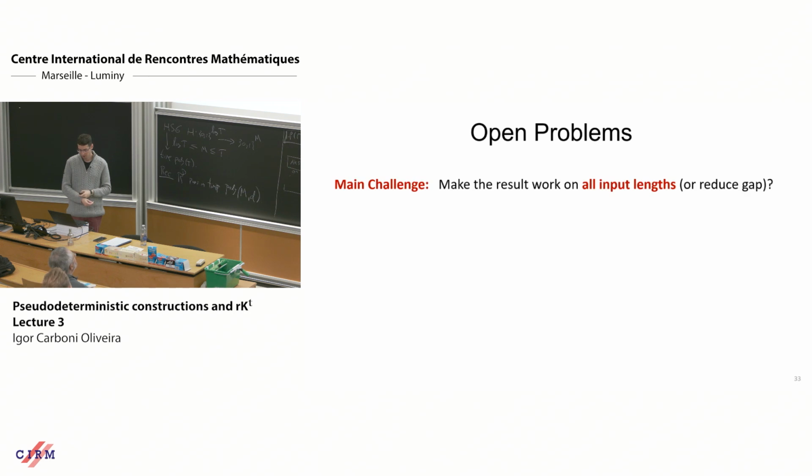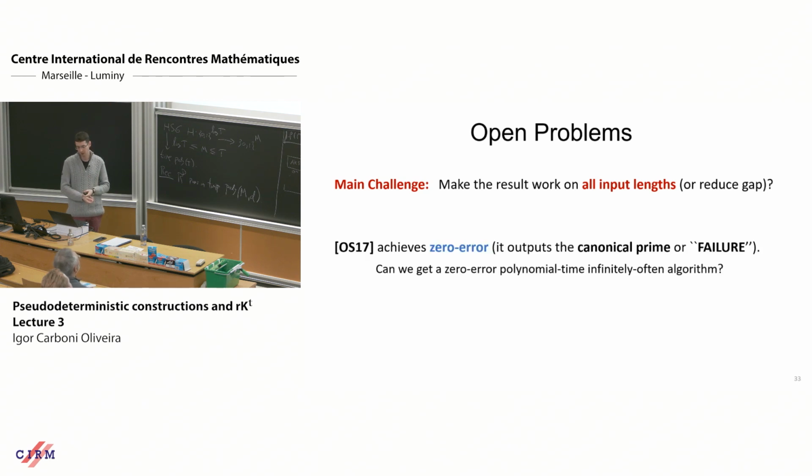Okay, so open problems. The main challenge is still to be able to generate a prime on every input length. This would be very interesting, or at least to reduce the gap from 2 to the n to something better. We have improved the running time compared to OS17, but it has some nice features that this algorithm doesn't have. One of them is that it achieves zero error.